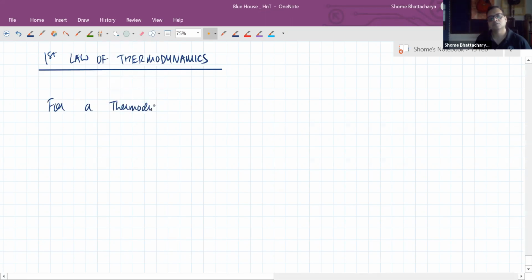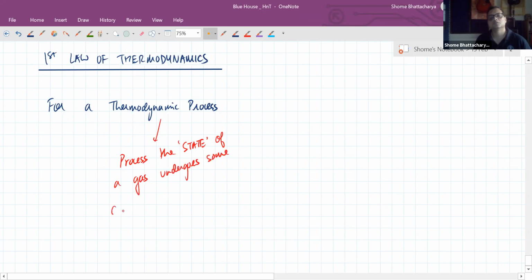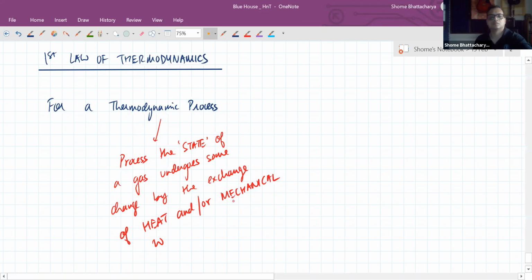This is any process where the state of a gas undergoes some change by the exchange of heat and or mechanical work with it.